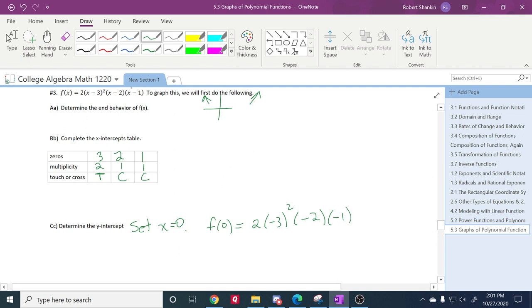Now negative 3 squared is 9. And then you're going to get 2 negatives making a positive here. So you're going to get 9 times 4, which is 36. Okay. But that's not the total answer. You got to put them together. The x was 0, the y was 36. That's the y-intercept.